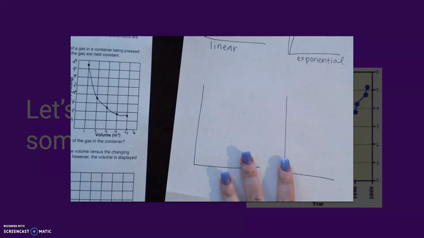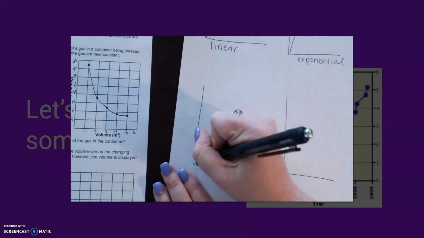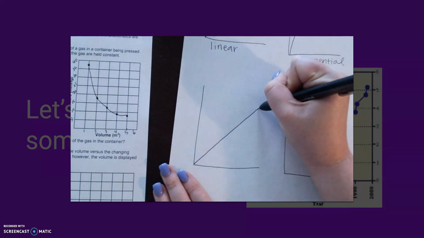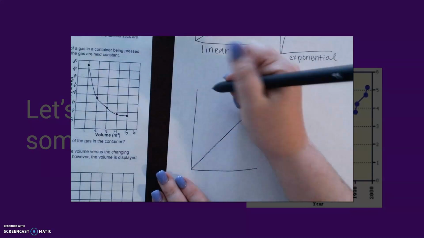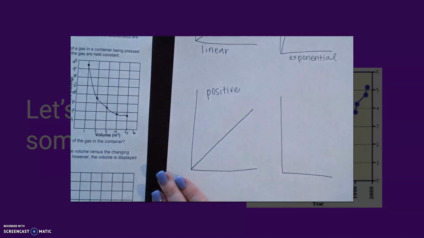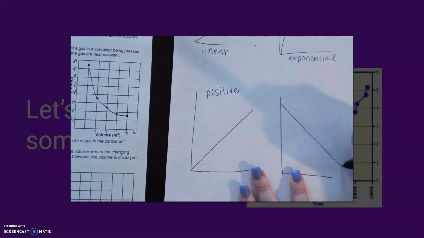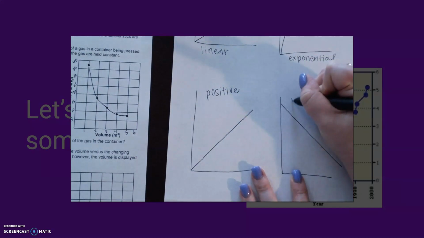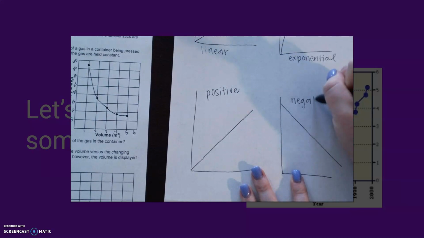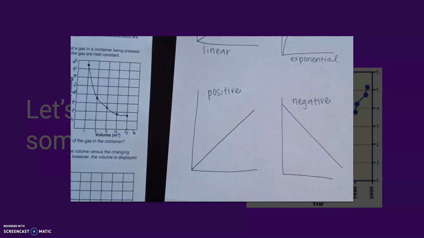If I'm looking at my graphs, though, I know that the direction it's going also matters. So if my line graph is going upward to the right, I know that's going to be showing a positive interaction. And I know that if my graph is going down towards the right, this is showing a negative slope of some kind.